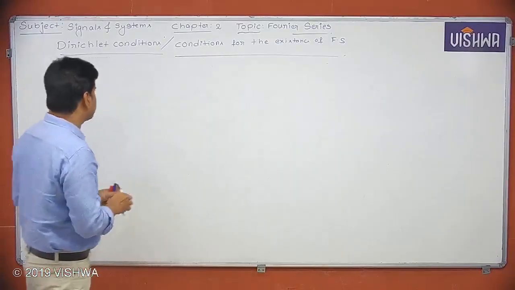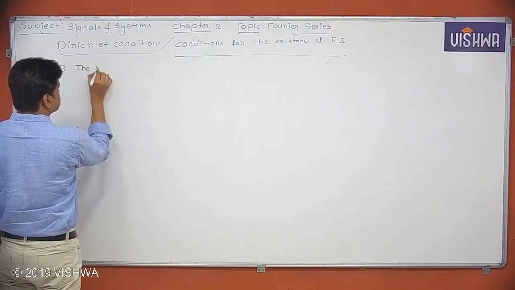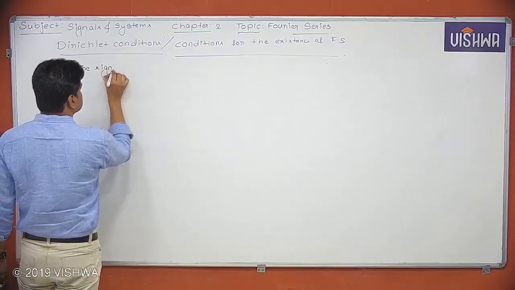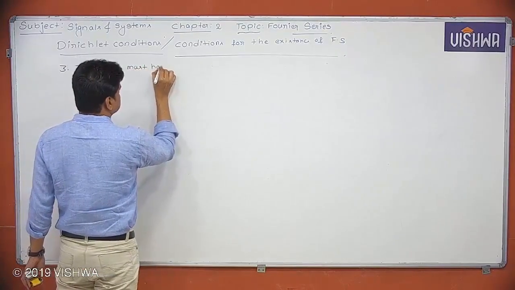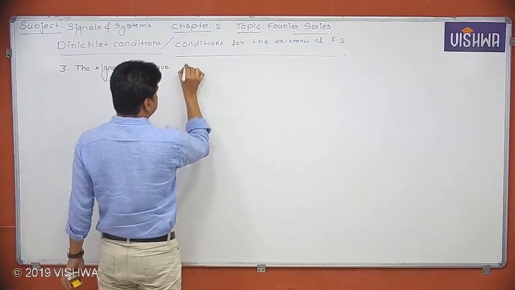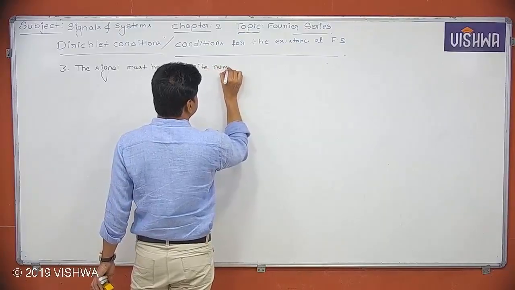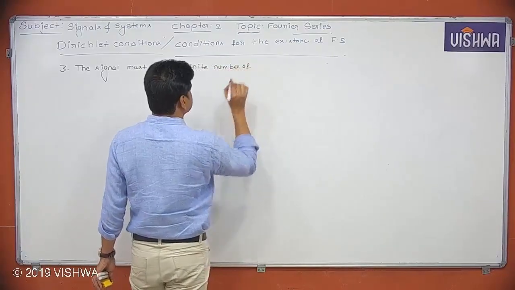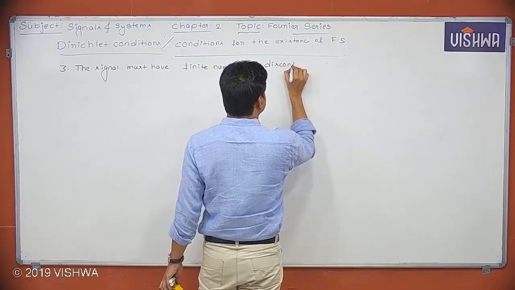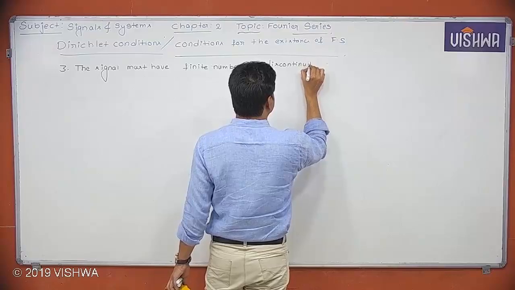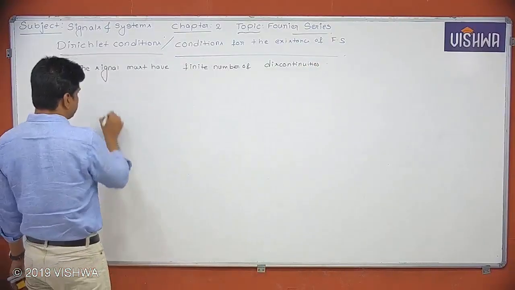Third condition. The signal must have a finite number of discontinuities. What do you mean by that? Again, I am taking the same example.